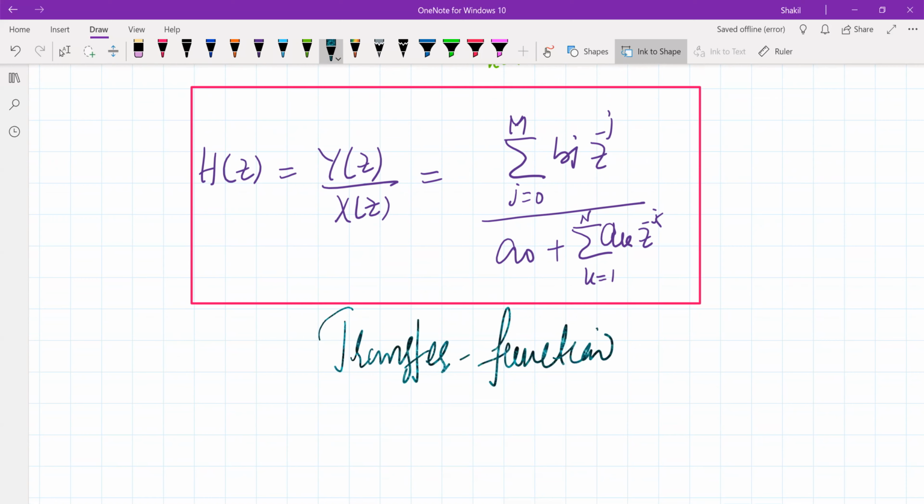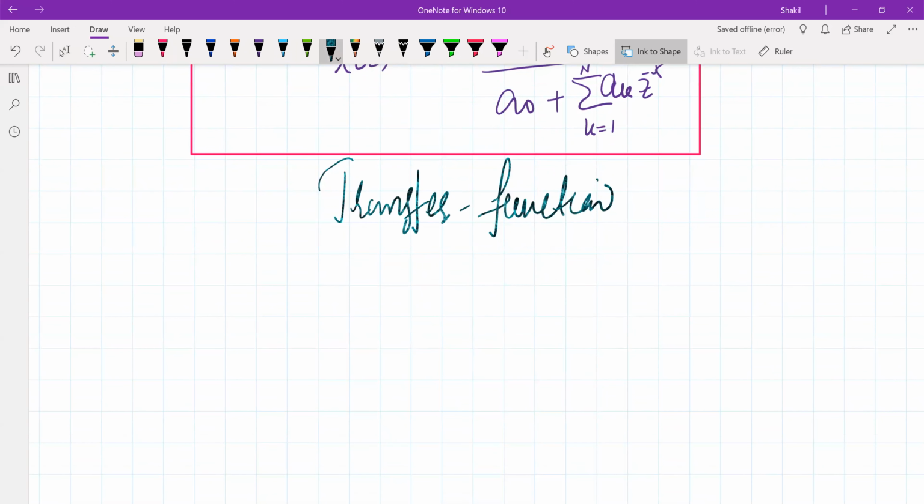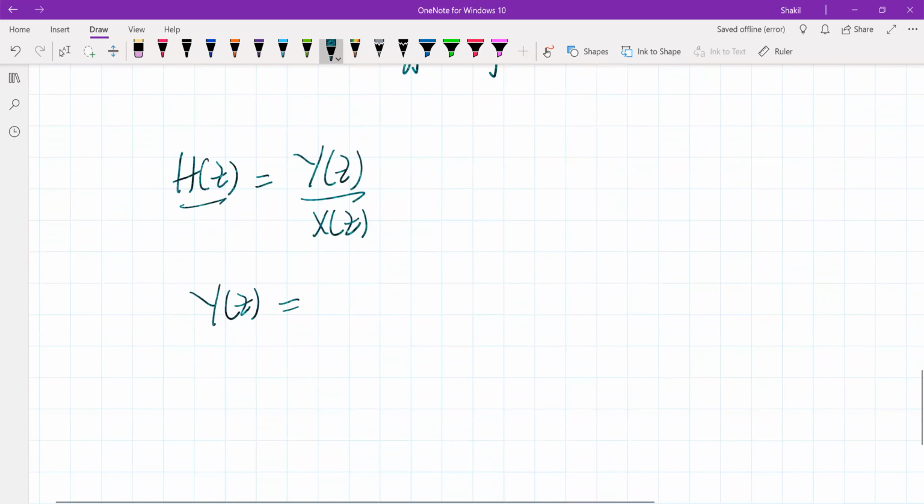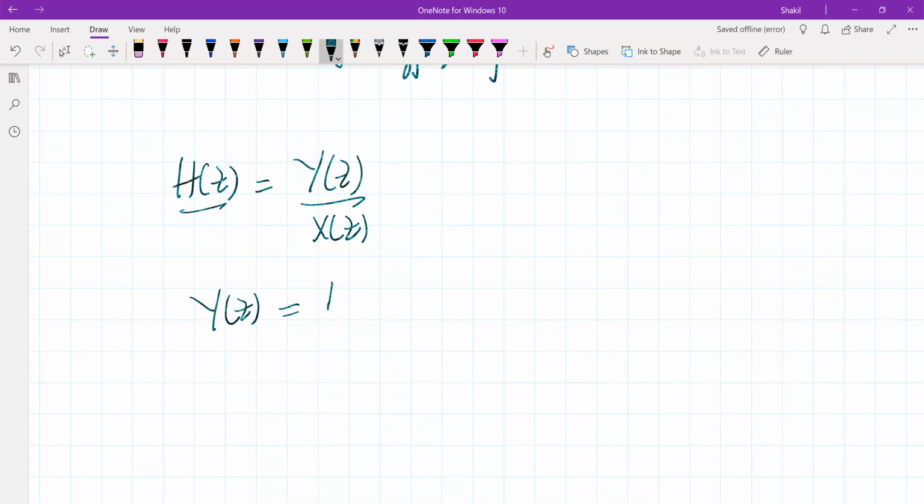Now remember, if you are able to obtain the transfer function, if you are able to obtain Y(z) from this difference equation, you can write it as Y(z) by X(z). So from this, we can compute the output of the system described by this difference equation for any input.